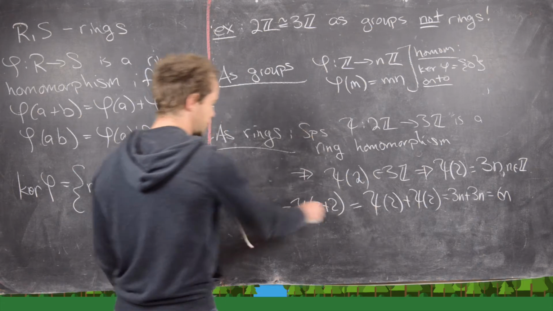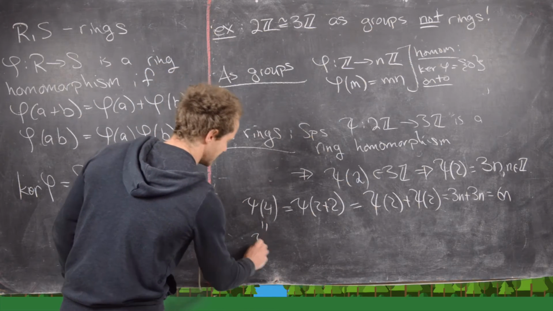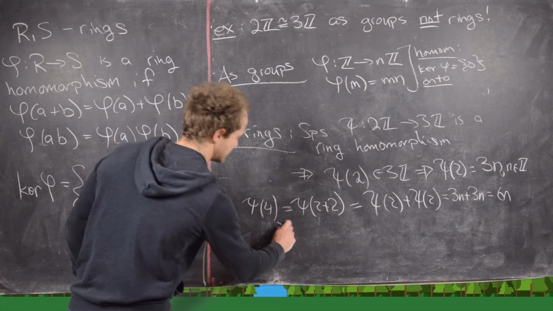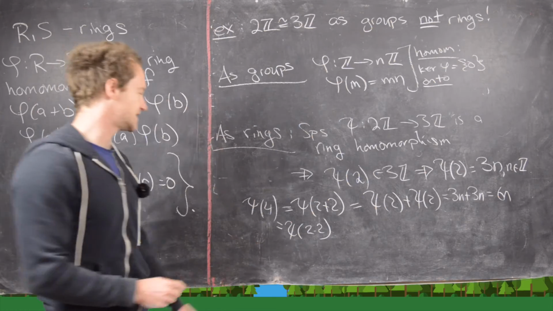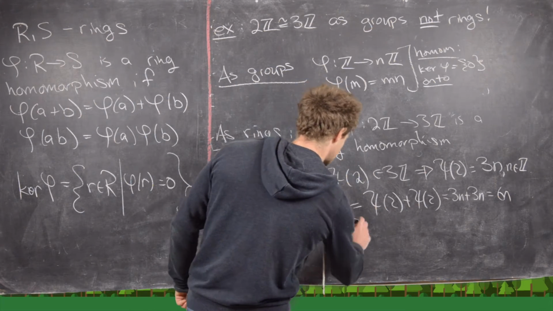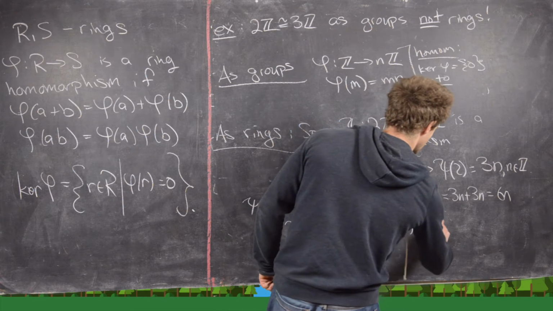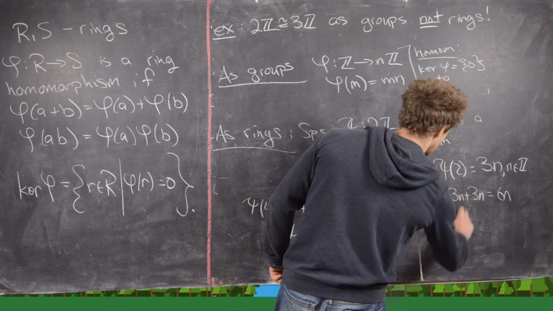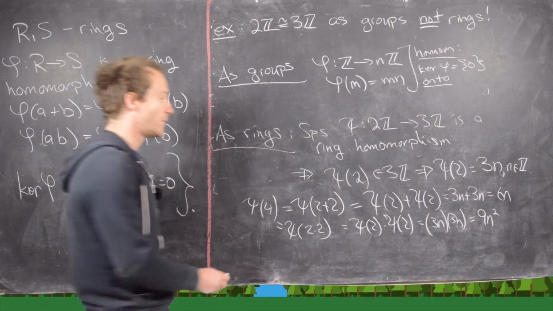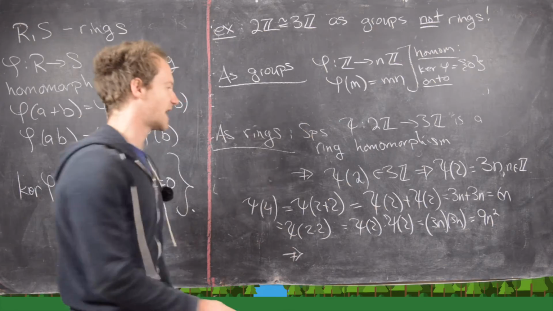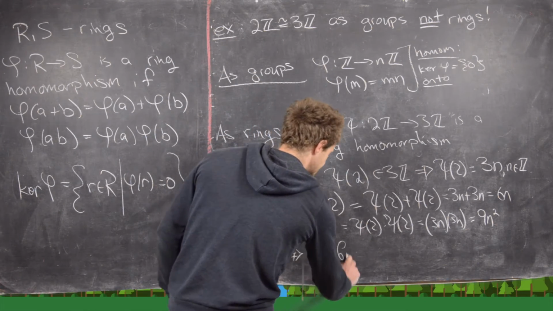But 2 plus 2 is obviously equal to 4, and that's the same thing as psi of 2 times 2. But then since this is a ring homomorphism, that's the same thing as psi of 2 times psi of 2, which is going to be 3n times 3n, which is equal to 9n squared. But that's going to tell us that 9n squared is equal to 6n.